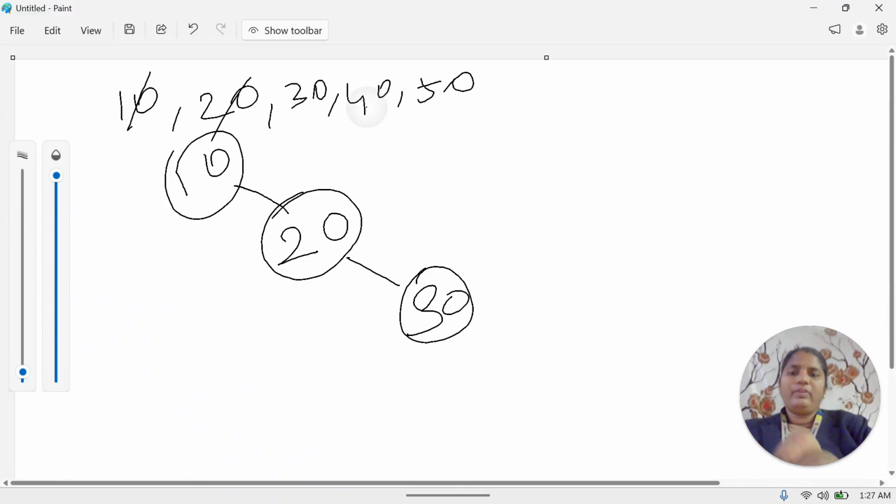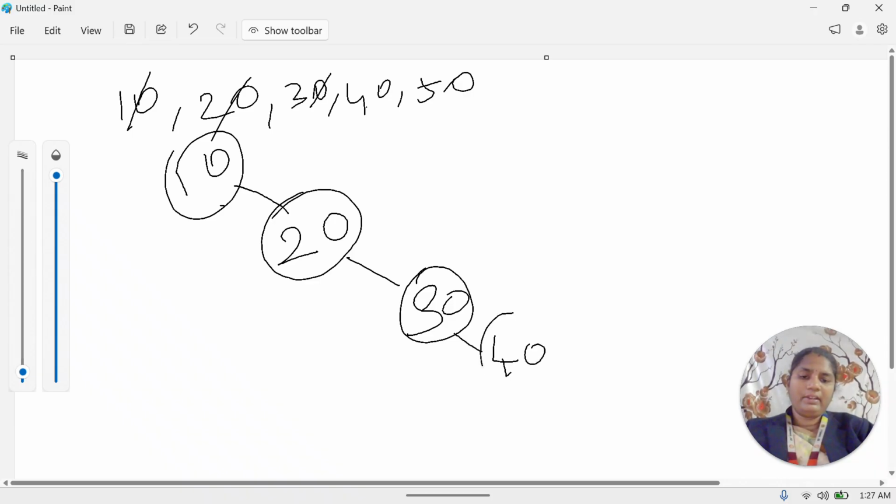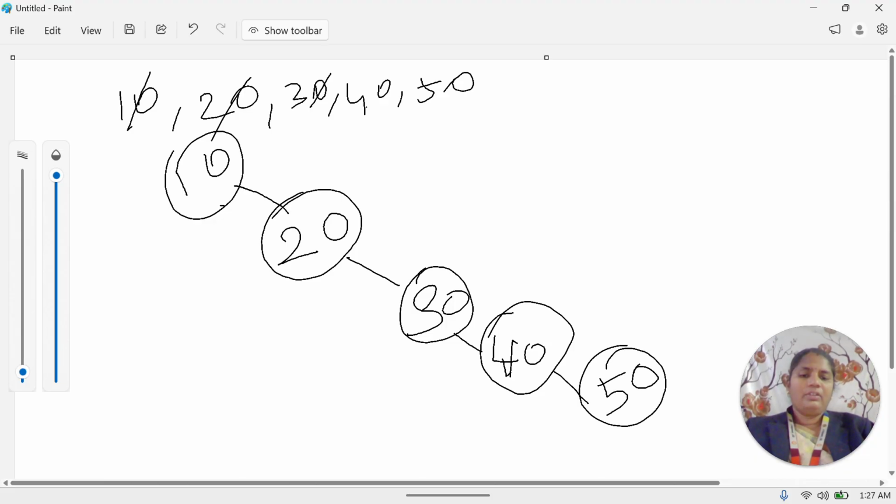Next one is 40. 40 is greater than 10, greater than 20, greater than 30, so we have to insert it to the right of 30. Next one is 50. 50 is also the same case: greater than 10, 20, 30, 40, so we insert it to the right of 40.